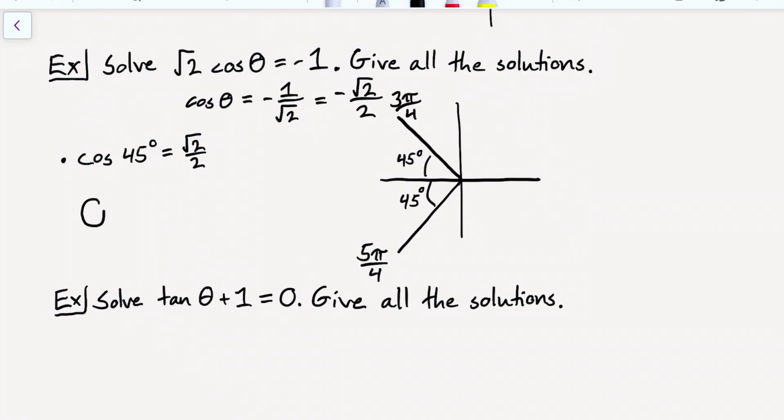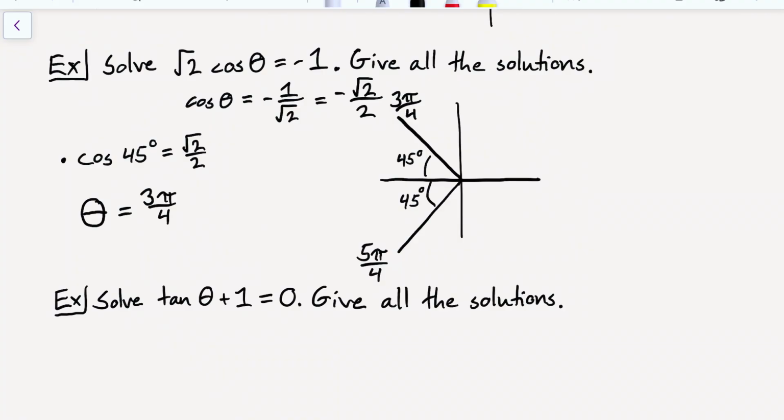So we can say, as the solutions to our equation, cosine of theta equals negative root 2 over 2, theta equals 3 pi over 4, and also 5 pi over 4, and yet the solutions reoccur every 2 pi radians.